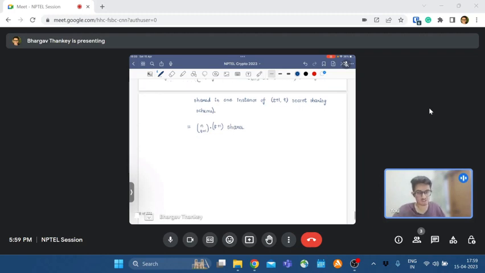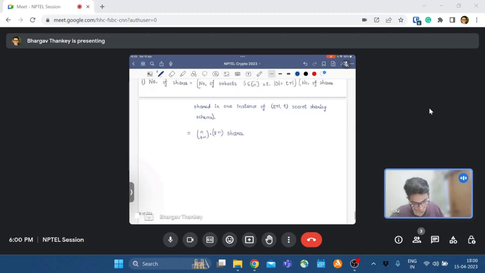And this is exponential if t is large, right? The second was the number of bits. So this is just the number of shares times bits per share.